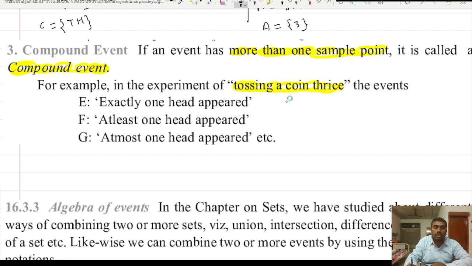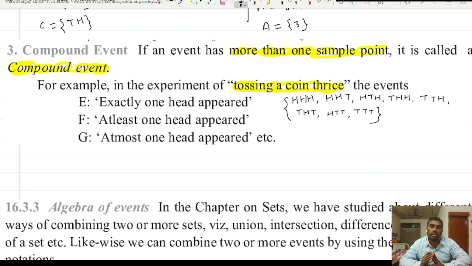When we are tossing three coins, what is the sample space? HHH, or HHT, or HTH, or THH, or TTH, or THT, or HTT, or all three can be tail. So total 8 sample points: 1, 2, 3, 4, 5, 6, 7, 8. Yes, total 8 sample points.